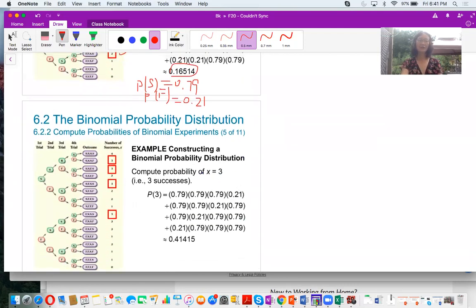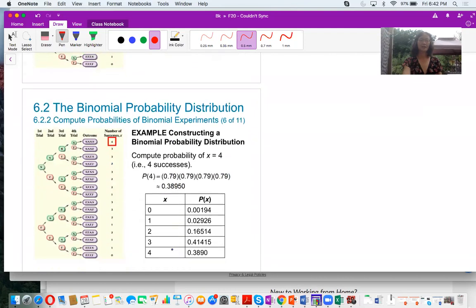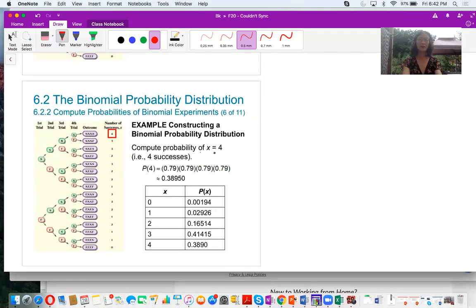So you keep on going, compute the probability of X equal to 3. Those are X equal to 3. Then you look at the corresponding S or F, and you get this result. You can keep on going with the probability of X equal to 4.